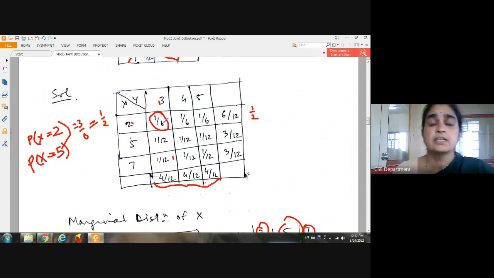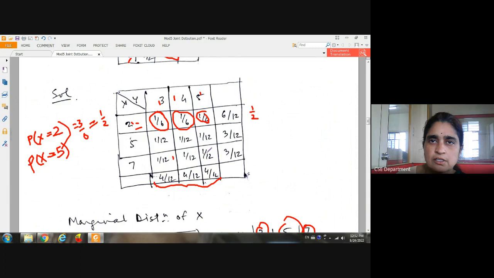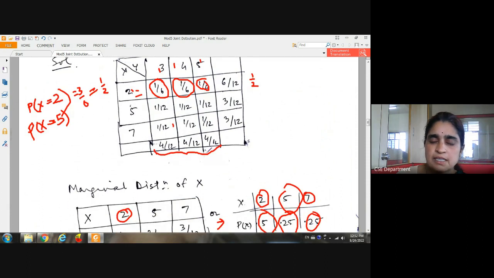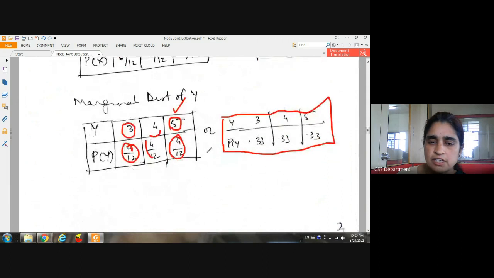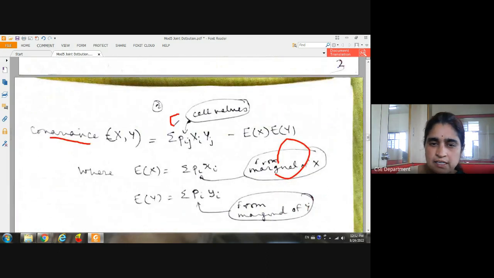That's the first value. Like that, these 9 terms you have to sum. Next one will be 2 into 4 into 1 by 6. Next term, 2 into 5 into 1 by 6. Like that, for each cell, the 9 values you will get. Those values you add up. That is double summation, Pij, Xi, Yj. This is also known as expectation of X into Y.